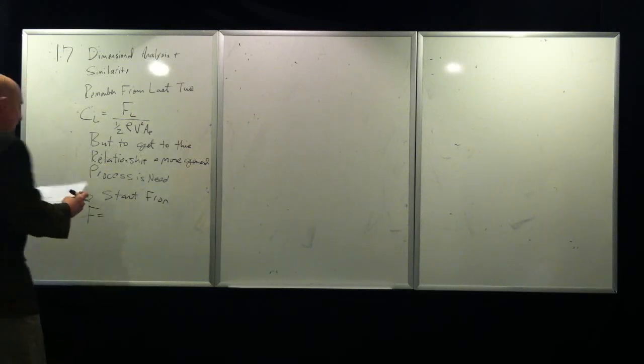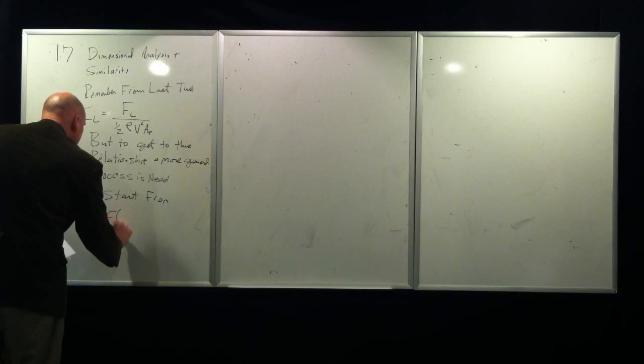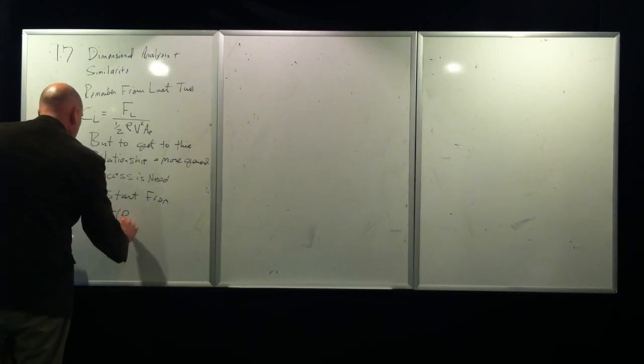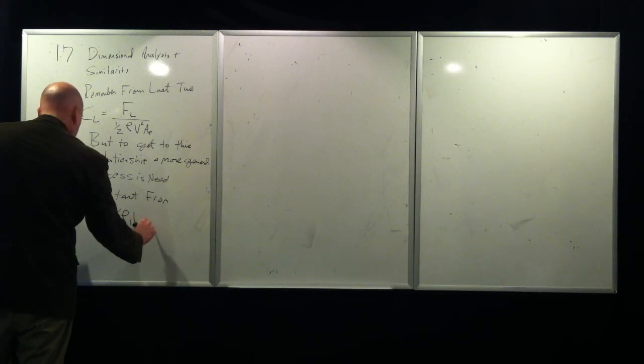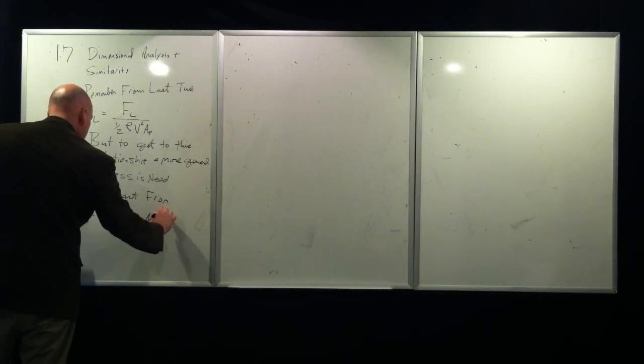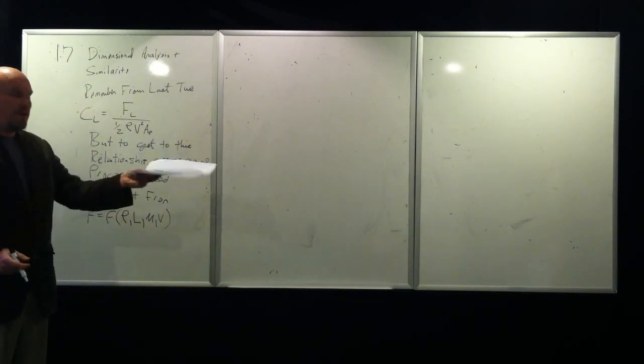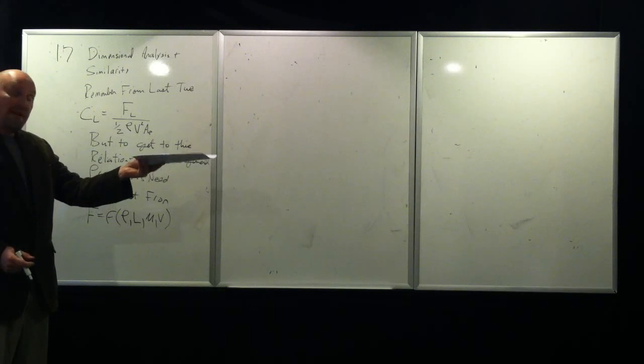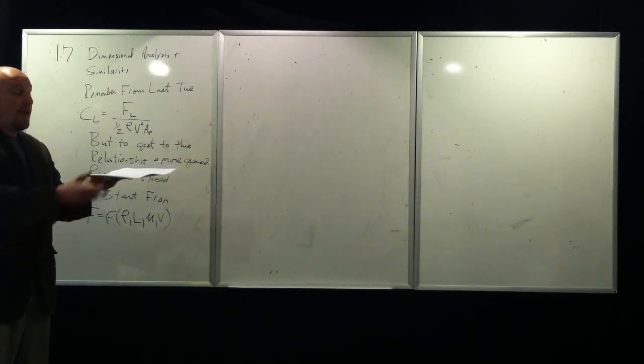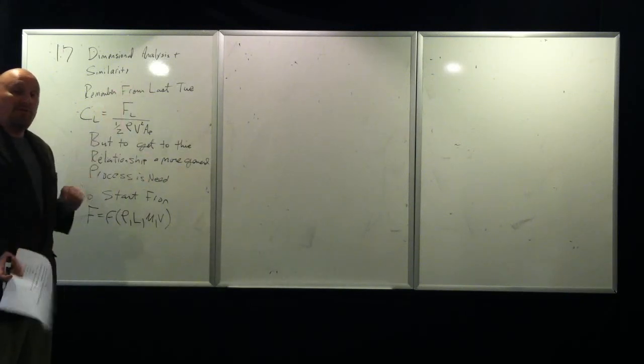Force is going to be represented as a function of the important parameters that you can think of that are fundamentally different between any particular shape and any particular flow regime.